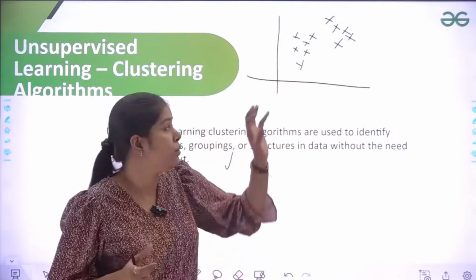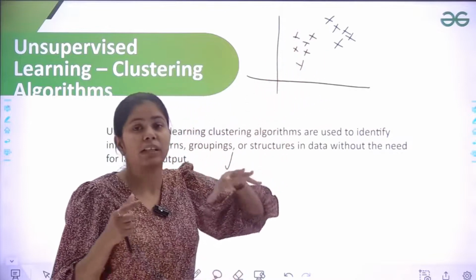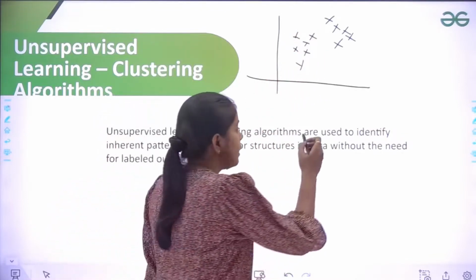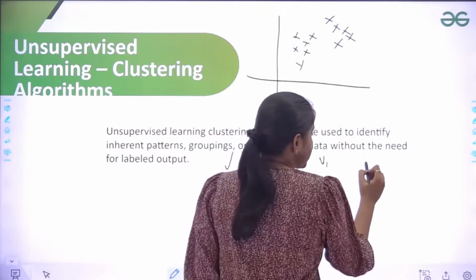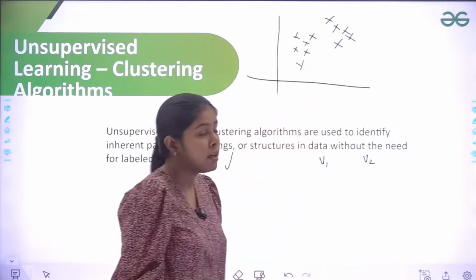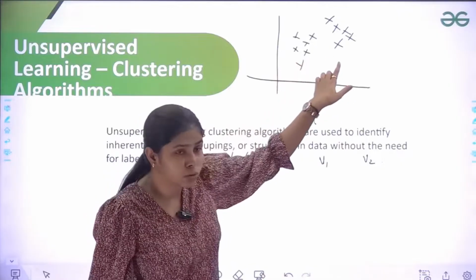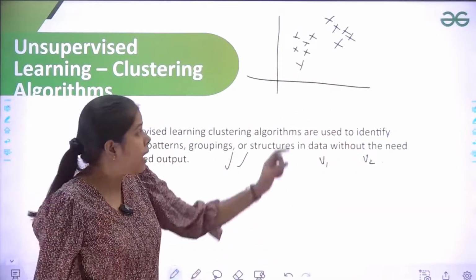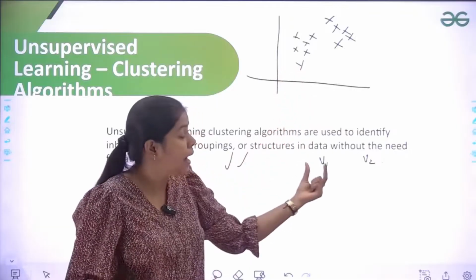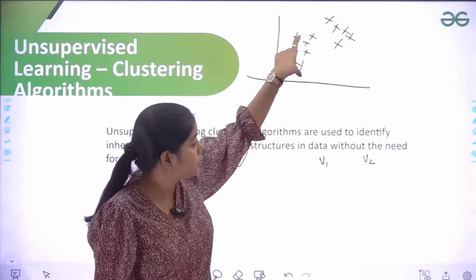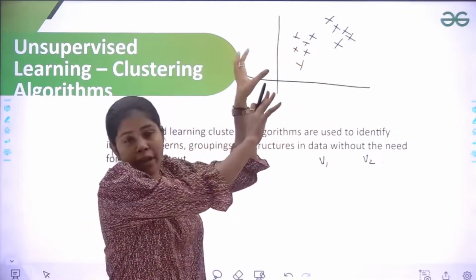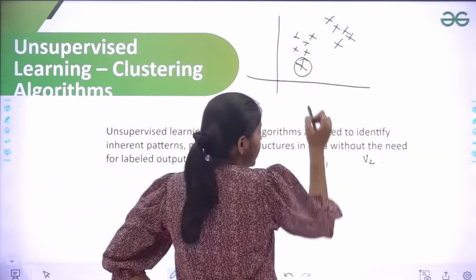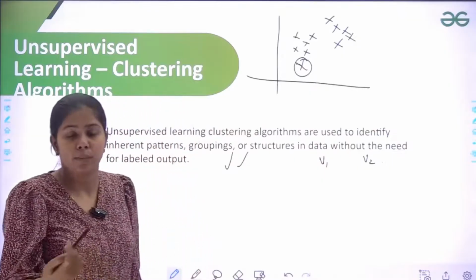Then I'll find the distance of all the data points from these 2 points. Let's suppose I have taken v1 as the first point and v2 as the second point. I'll find the distance of all the data points from v1 and v2. Then let's suppose this data point has a minimum distance with v1 as compared to v2.